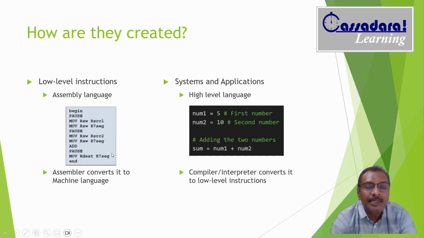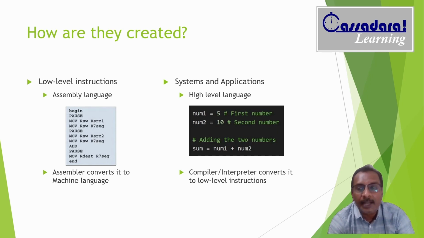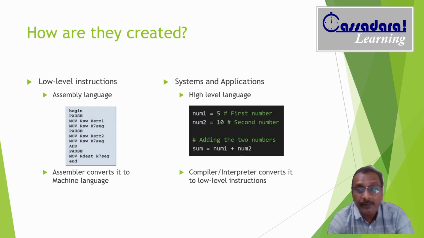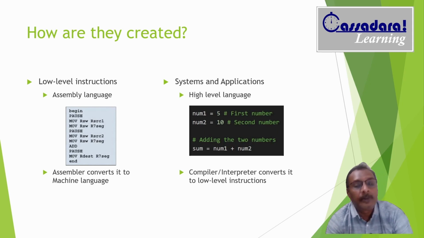So now there are a set of high level languages, a very sophisticated way of communicating to a computer like normal English. Even today we have other language compilers too, but I'm not very familiar with that. But say for example, take this on the right side. This is a high level language.